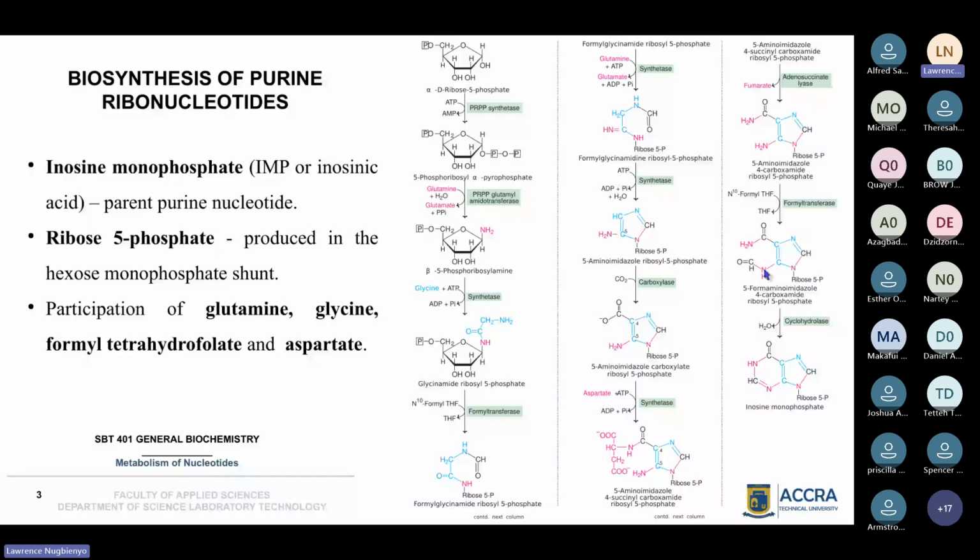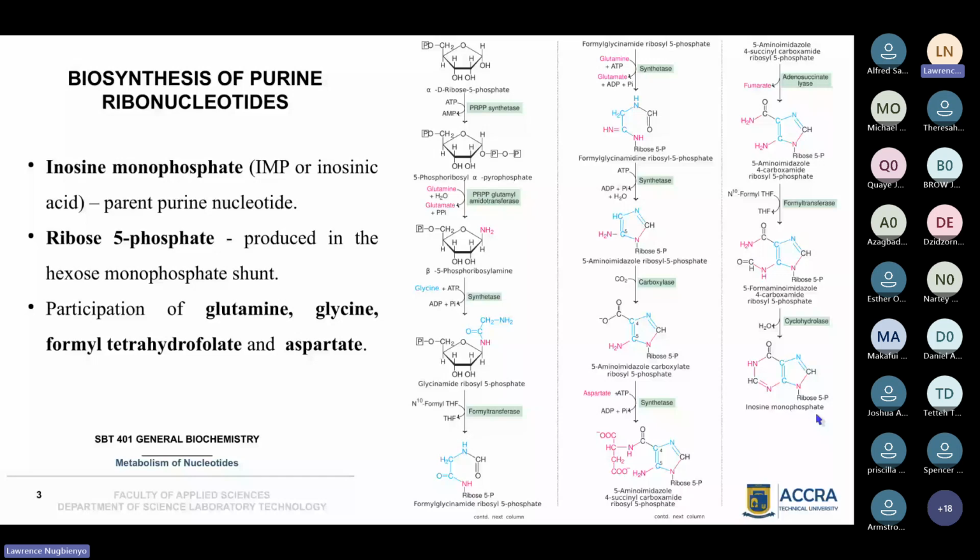And eventually, in the very first reaction where you have the enzyme cyclohydrolase acting, there is some dehydration, and then there is a closing of the ring so that you now have the full purine ring formed, the 6-sided ring with the 5-sided ring. And that parent molecule is inosine monophosphate.